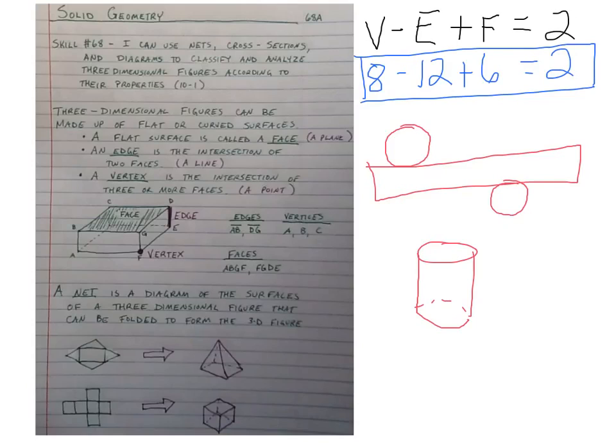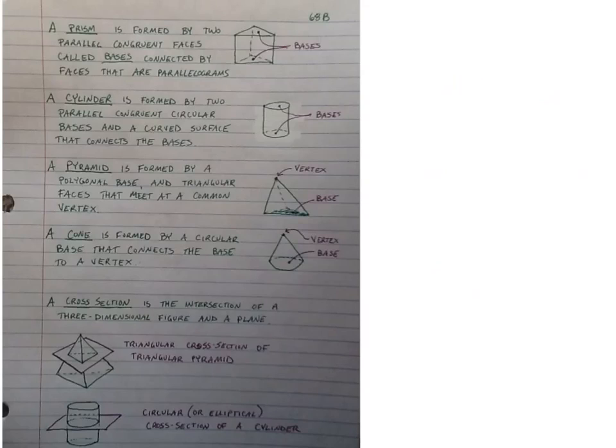On the skill test, I will have several different nets, and you have to identify what type of shape they are, whether they're prisms or pyramids, triangular prisms versus triangular pyramids, hexagonal pyramid versus hexagonal prism, etc. And we'll use page 68B for identifying these.